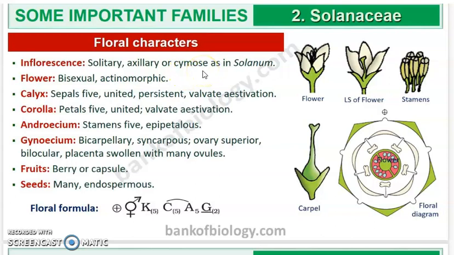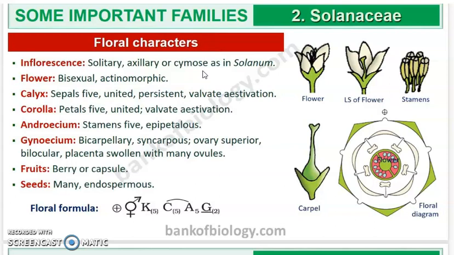Cymose inflorescence means the arrangement of the flowers happens on the main axis. That means the main axis will terminate in a flower, so the growth of the axis will be limited, and the flowers are borne in basipetal order, right?